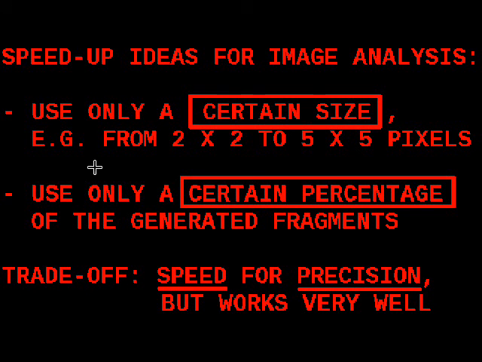You might also just use a certain percentage. You are going to trade off some precision, but you are going to gain some speed, and I believe that that is quite worth it, and in my experience it works very well. Fragmentation sets can, even if used partially, lead to very good results.